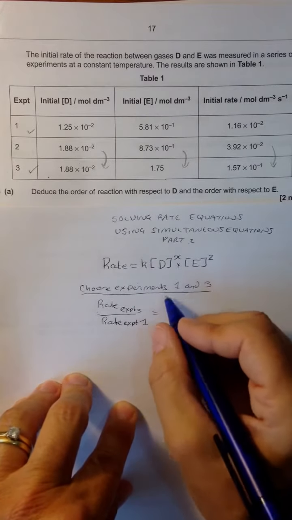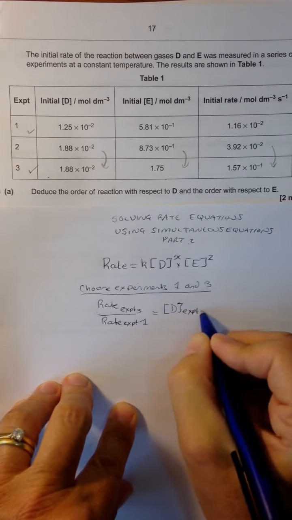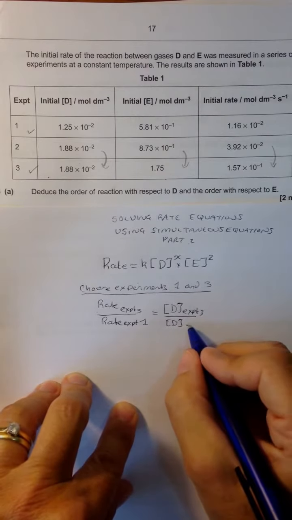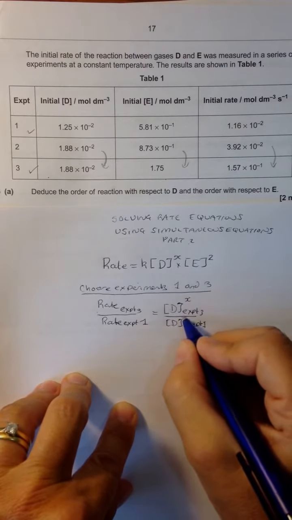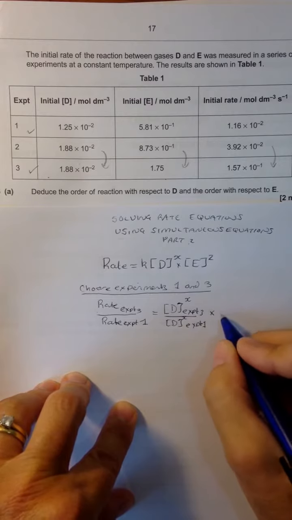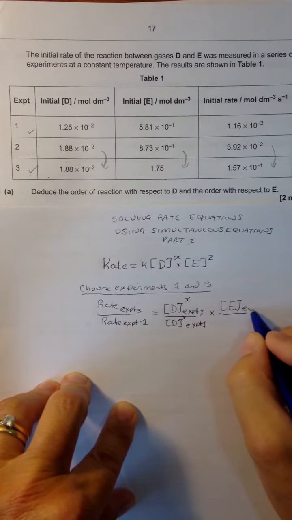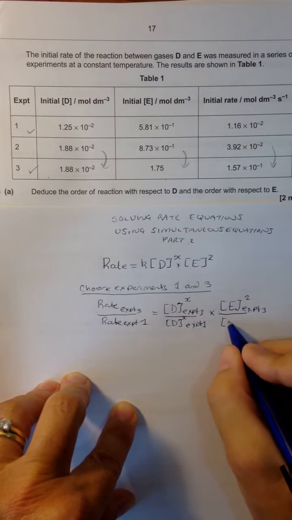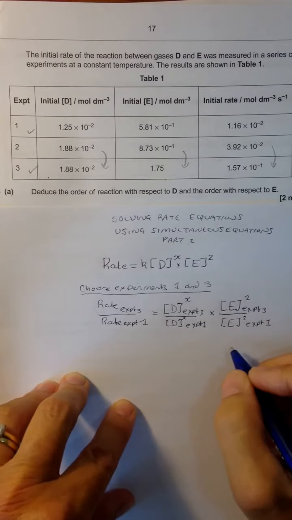So the concentration of D in experiment 3 divided by the concentration of D in experiment 1. Don't know the order with respect to D yet, so we'll give that a value of X. Multiplied by the concentration of E in experiment 3, and we know already that's second order with respect to E, divided by the concentration of E squared in experiment 1.